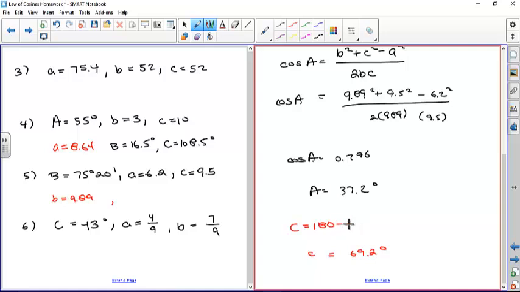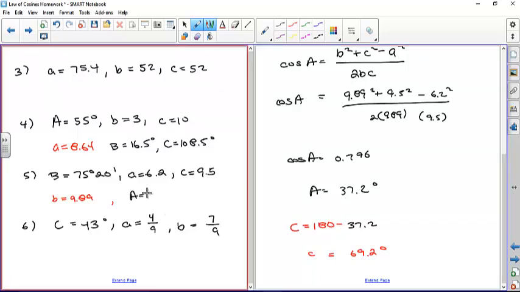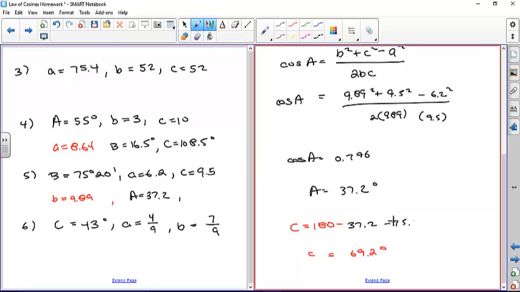And then if we subtract 37.2, so that was angle A here, 37.2 degrees, from that, and then you also subtract 75.33 from 180, and just looking at these relative, these are pretty close to each other. So the angle should be slightly less than 75, because 75 gives you 9.89, so 9.5 should give you 70 something, I would think.